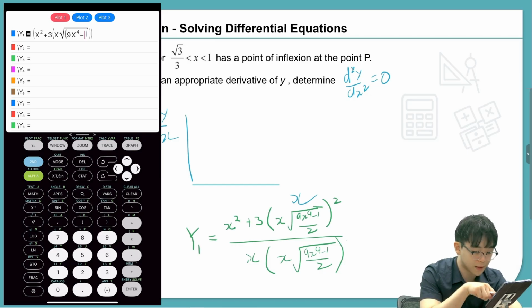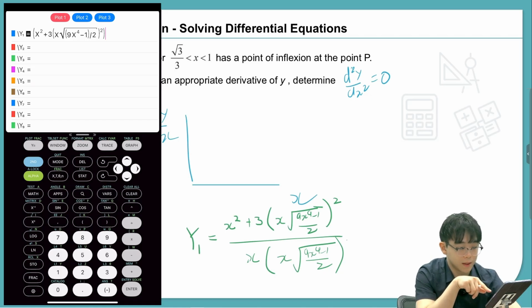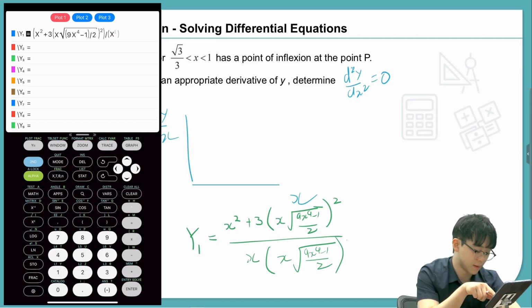This is a pretty lengthy equation, so you want to make sure you're keeping your parentheses in check. We close the parentheses here and do a squared, and then we close, and then we divide by x times, so instead of x, we'd have x squared times the square root of 9x to the power of 4 minus 1, over 2.